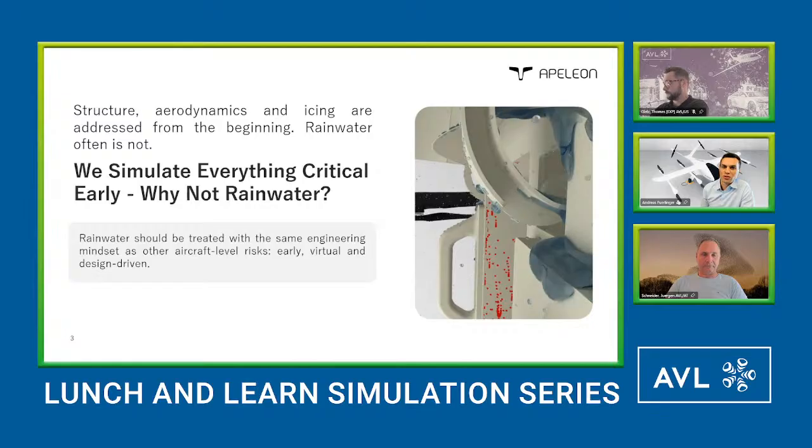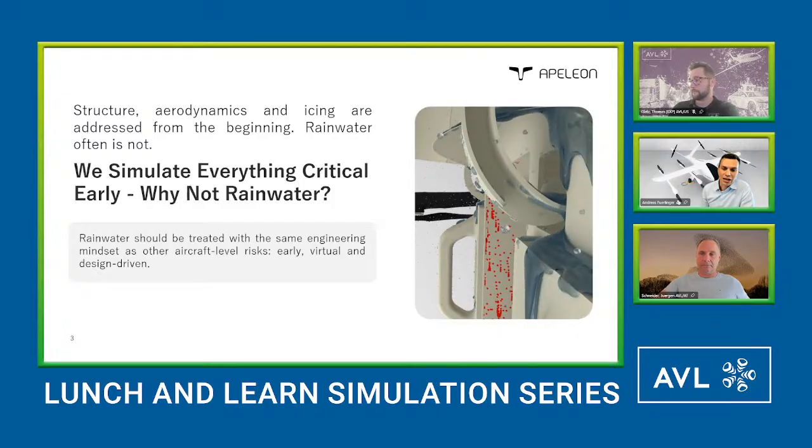We do CFD analysis to optimize the lift or the drag and flow behavior in general. We also simulate thermal behavior, and yeah, you know it. But I think it's not that common to simulate rain behavior or the impact on an airframe or the aircraft system in general. But yeah, actually it's important.